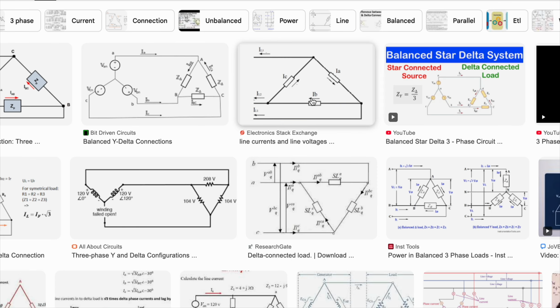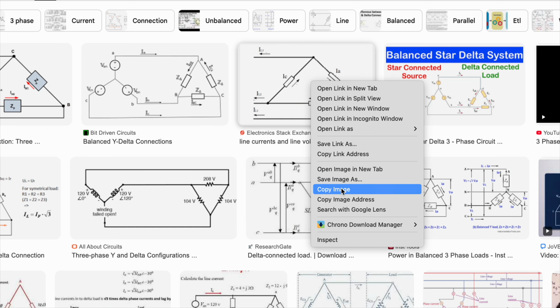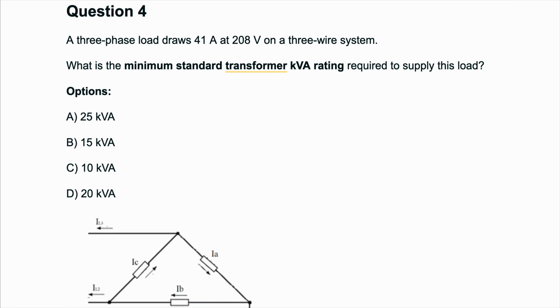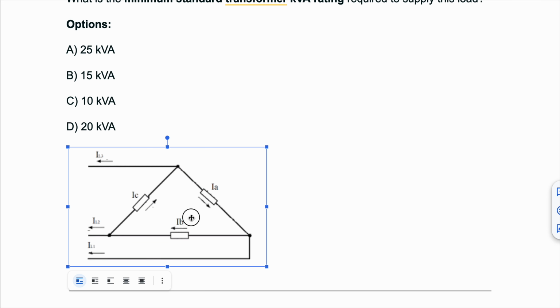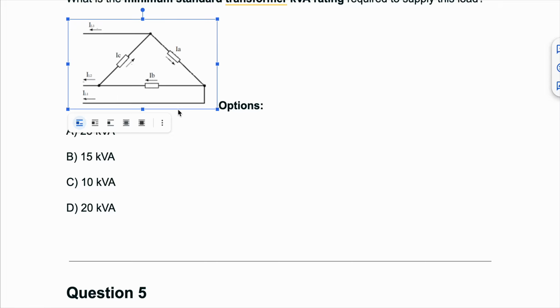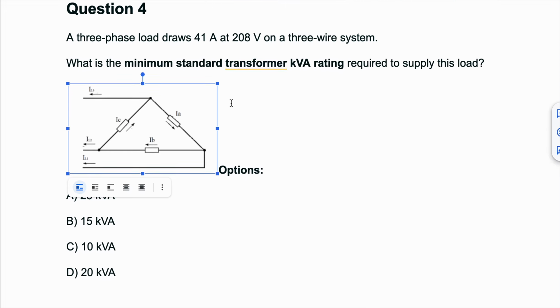This one is a delta load, and for a delta load we can imagine this load is in a box, and we just have 3 wires out of this box, and each of these wires draws 41 amp.